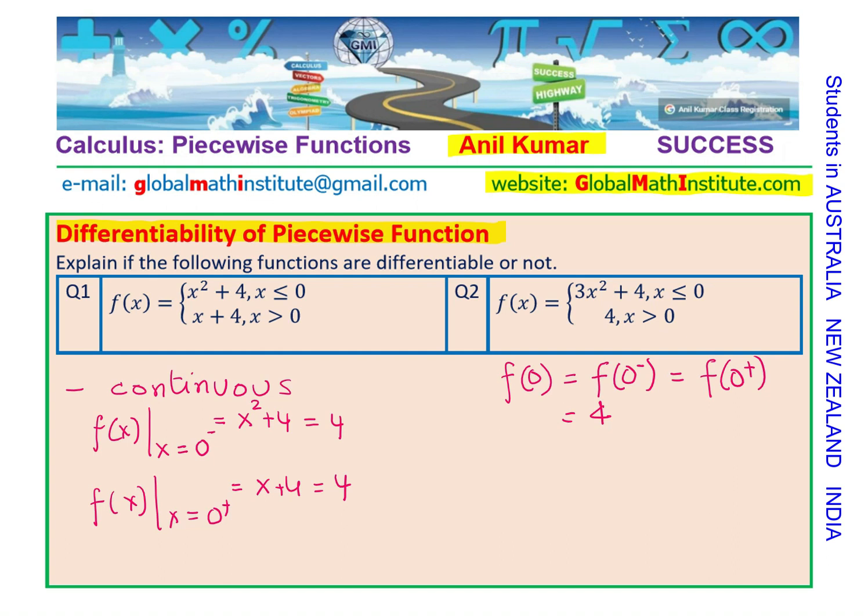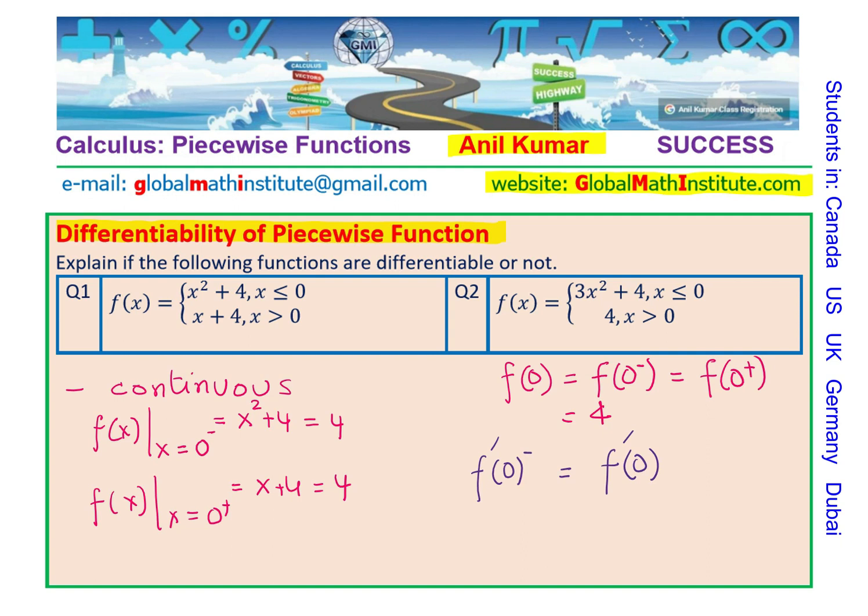Now we have to figure out whether it is differentiable or not. For that, what is the concept? The derivative when we are approaching 0 from the left side should be equal to the derivative when we are approaching 0 from the right side.